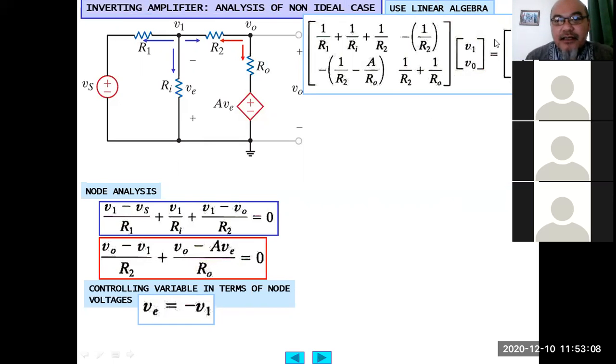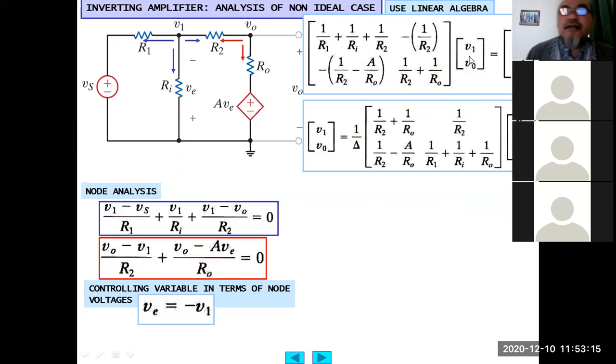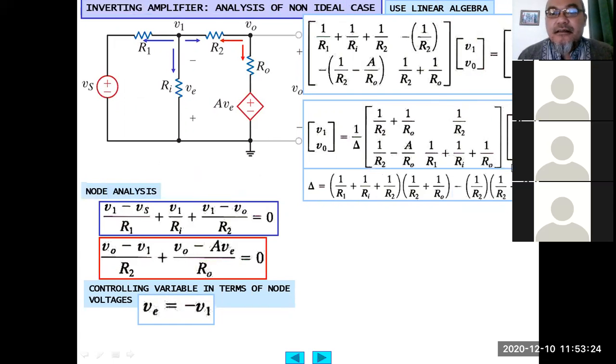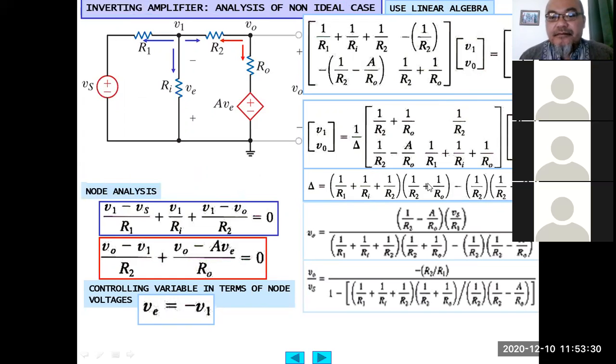So this is what we obtain in matrix form. You see, it is more complex. V output equals one over the determinant multiplied by this. This is the determinant, this is the V output. So V output over Vs equals minus R2 over R1 divided by 1 plus these terms.